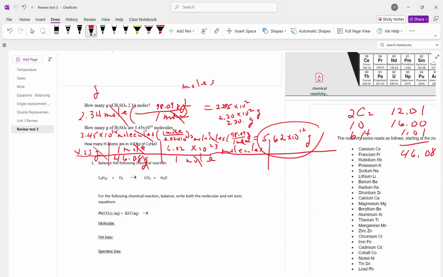And then the last step is the ratio of H atoms per 1 molecule, which is 6 to 1. Okay, does everyone see where I got the 6 from? Because each molecule of ethanol has 6 hydrogens in it. So we have to multiply the number of molecules times 6 to find out how many hydrogens are within that.